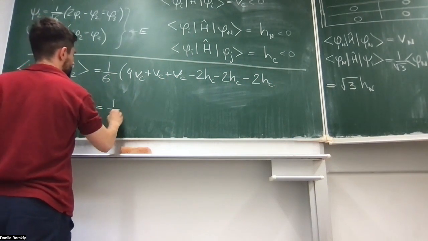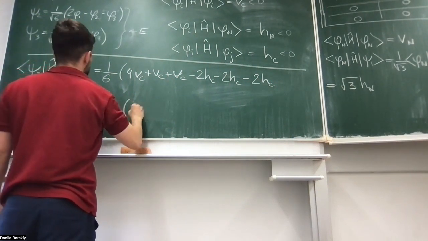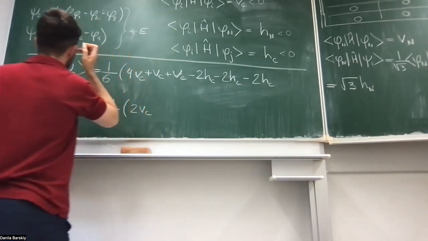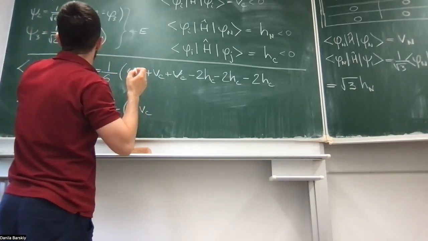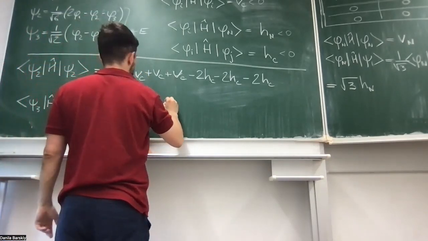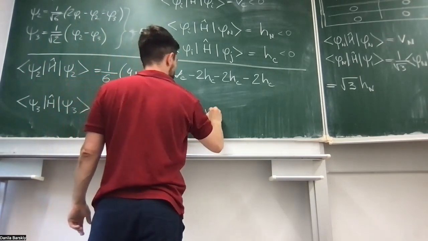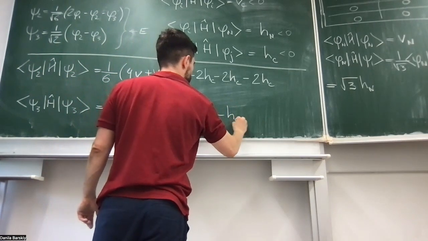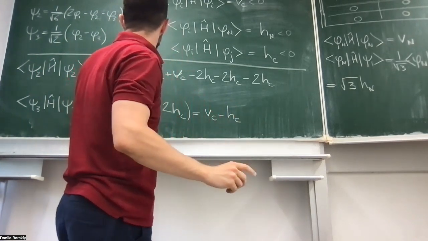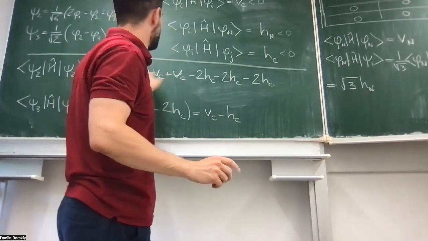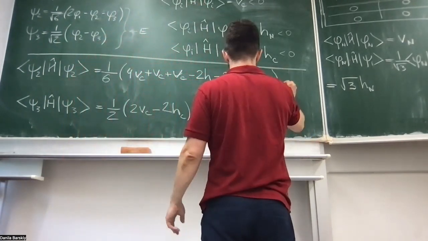This is my symbol. So the 2 VC and minus 2 HC. Yeah. So it should give you VC minus HC. So it should give you the same here: 4, 6 minus 6, yeah, divided by 6.